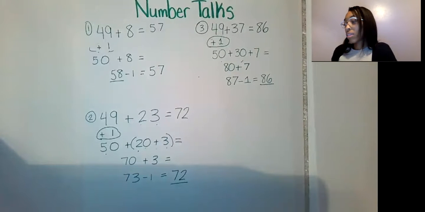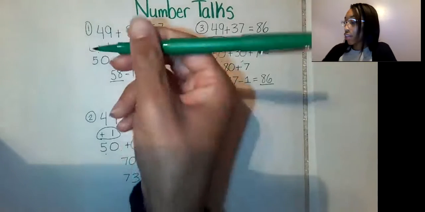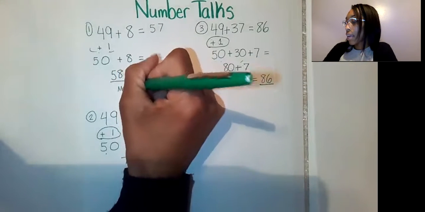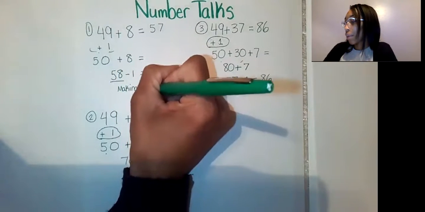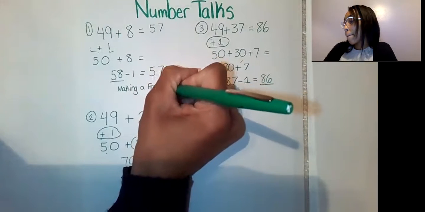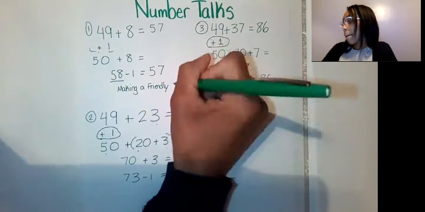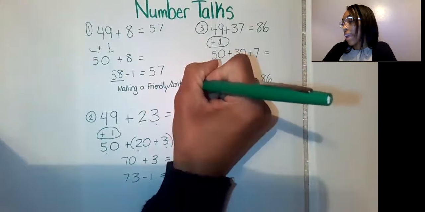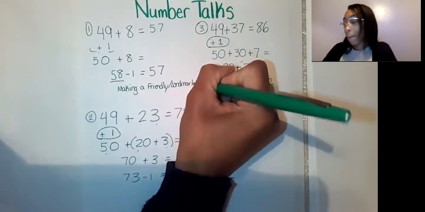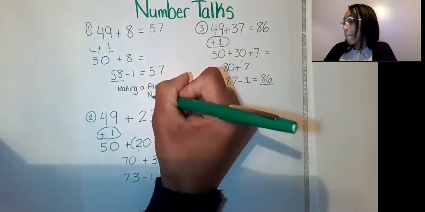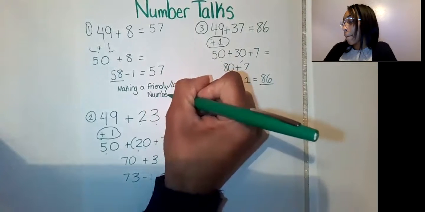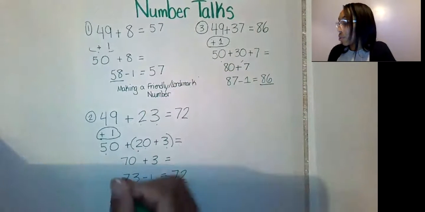Okay. Oh, I have to name my strategy. I'm making a friendly number, also known as a landmark number. And that's what I did for both.